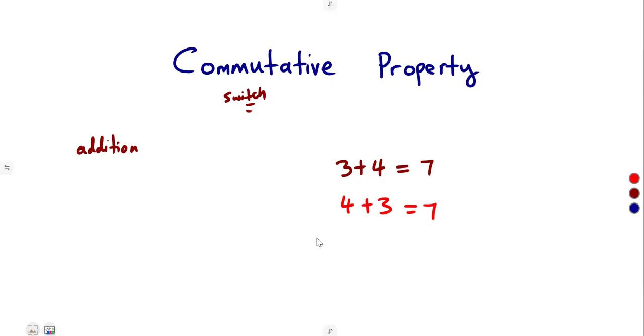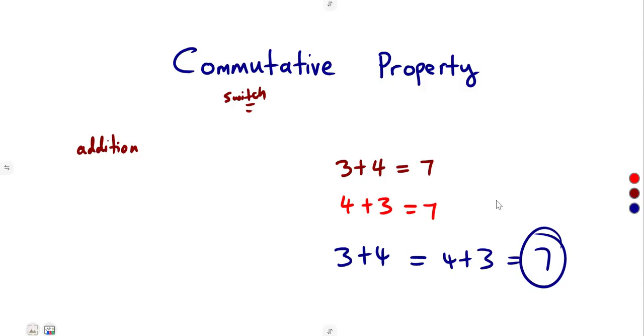A 7 again. So writing in this manner or in this manner does not affect our answer at the end of the day. It is the same, someone writing 3 plus 4 and someone writing 4 plus 3. You have the same answer at the end, which is 7. So switching the order of these two does not affect your answer.